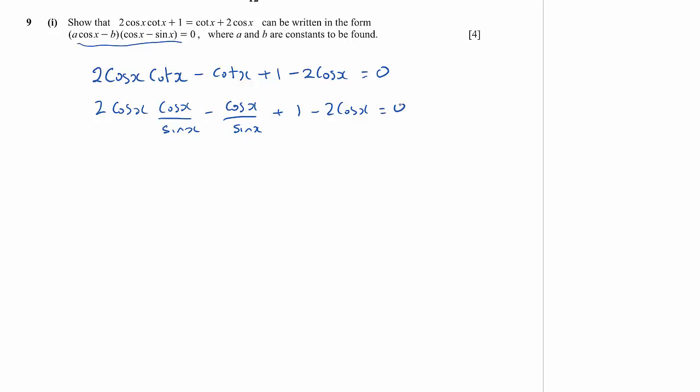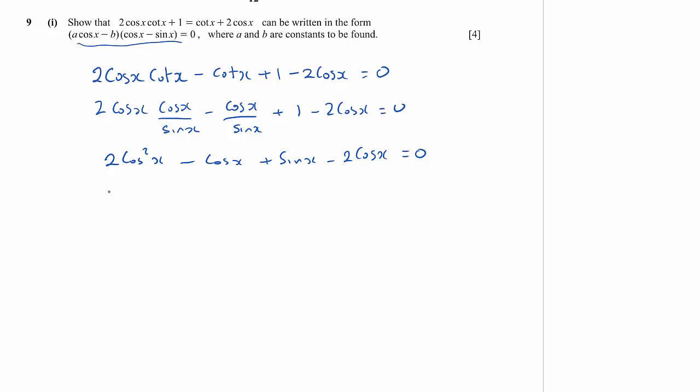Now let's multiply through by sin x to get rid of those sin x's off the bottom. Then I'll have 2 cos squared x, take away cos x, plus sin x, minus 2 cos x sin x is equal to 0. What does that give me?